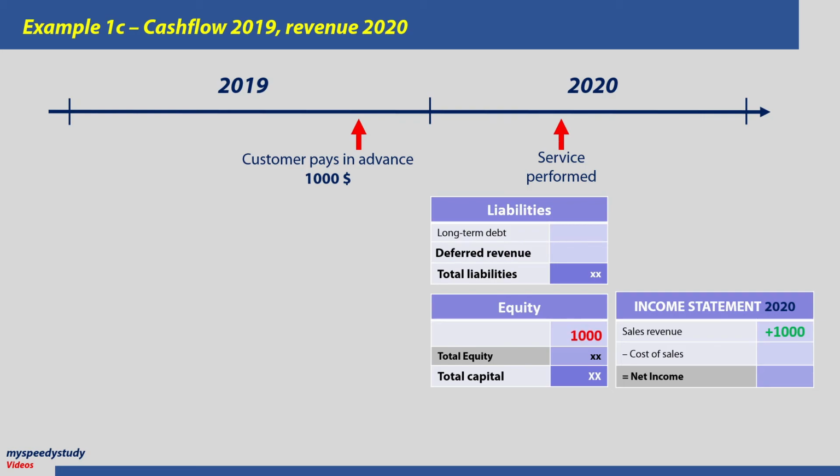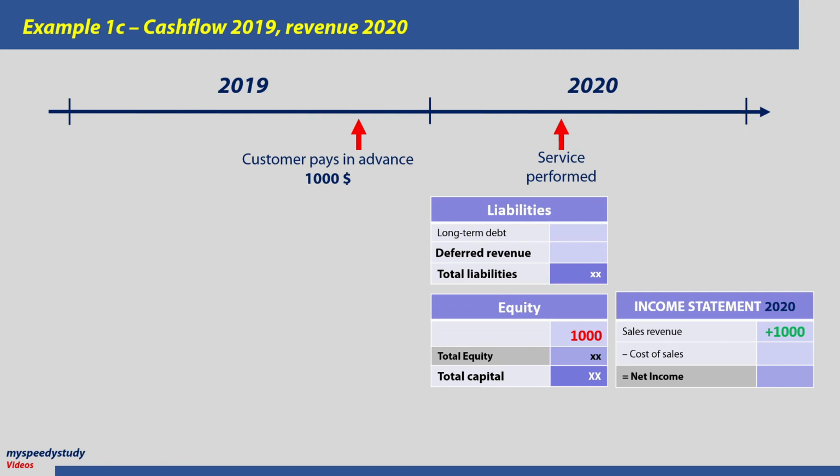It increases equity. Please note that in a way, the 1,000 only switch positions on the right side of the balance sheet. Since now the 1,000 are considered earned, the 1,000 transform from being a liability to increasing profit and thereby equity.